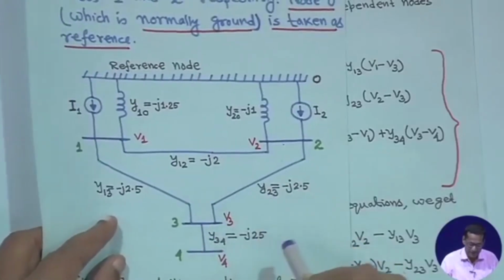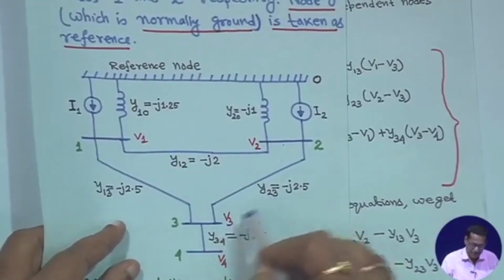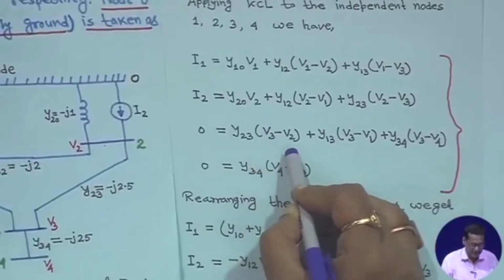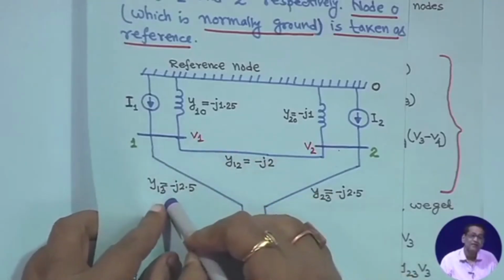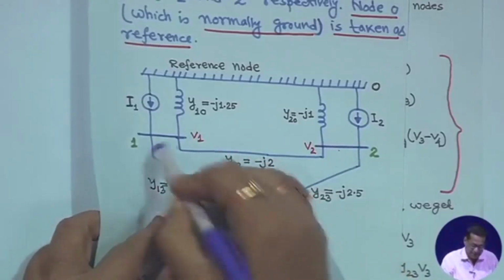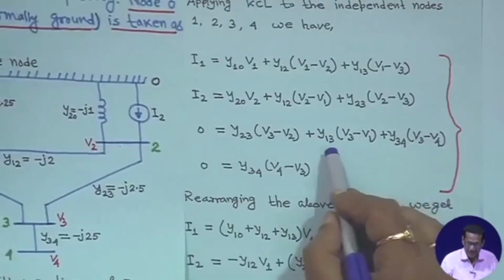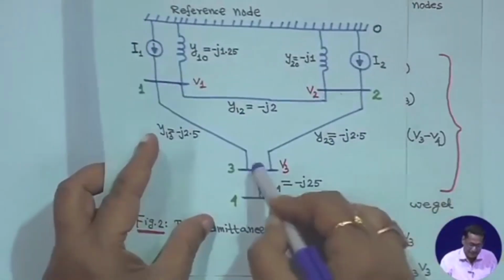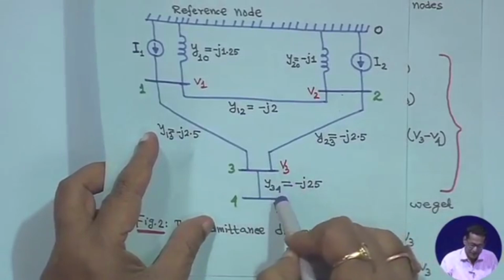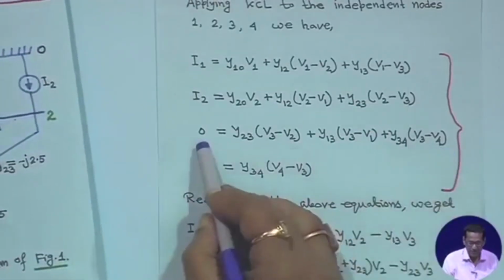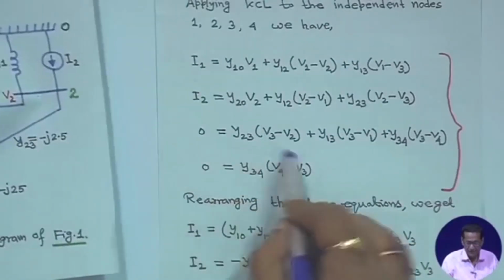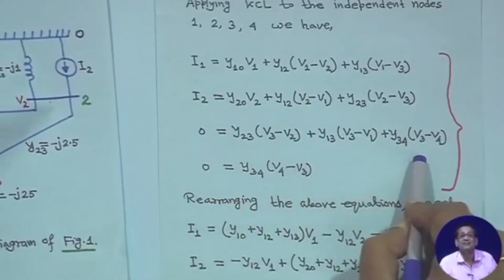For example, Y23 (V3 minus V2), then Y13 (V3 minus V1), because Y13 is equal to Y31. Then you take the outgoing one, that is Y34 (V3 minus V4), and no current injection here. So, 0 is equal to this. This is the third equation.